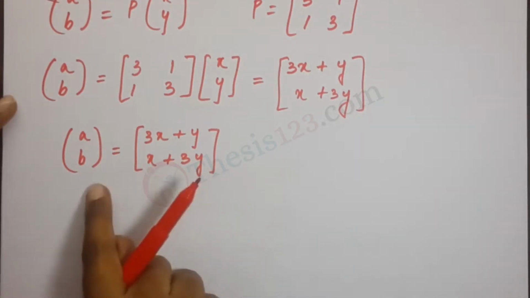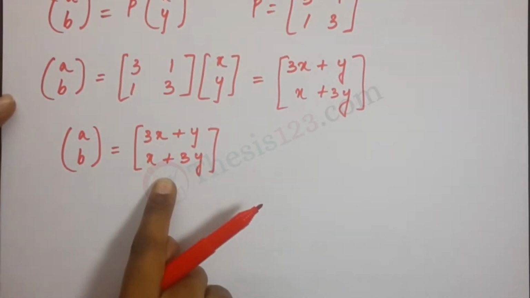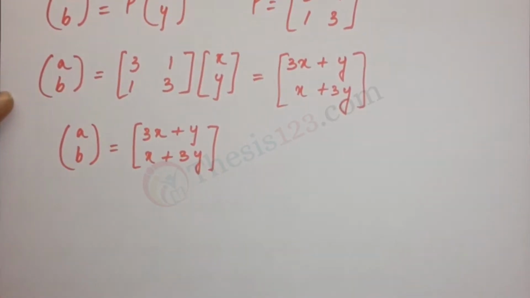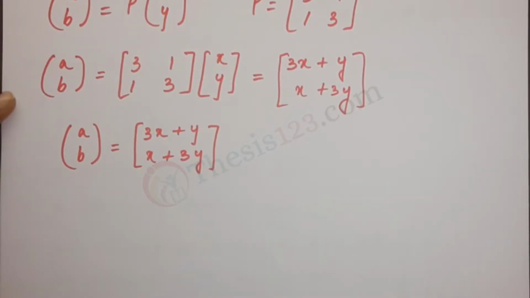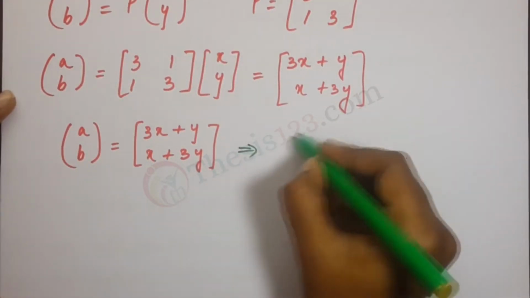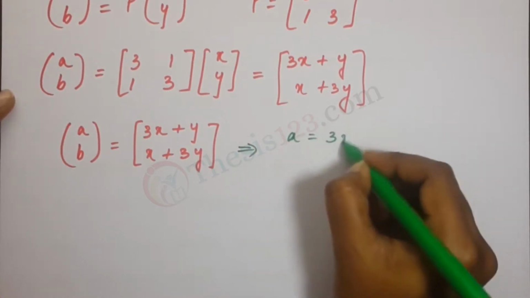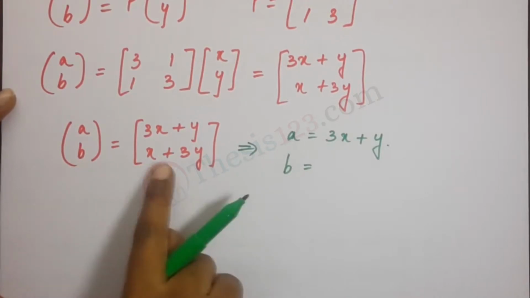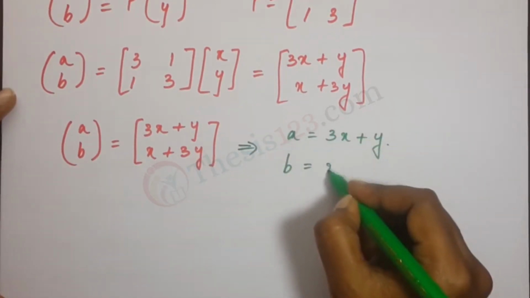If we compare both sides of the expression, we'll obtain two equations. A is equal to 3x plus y, and the second is B is equal to x plus 3y.